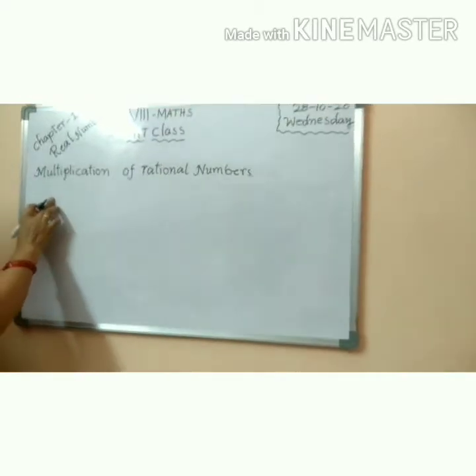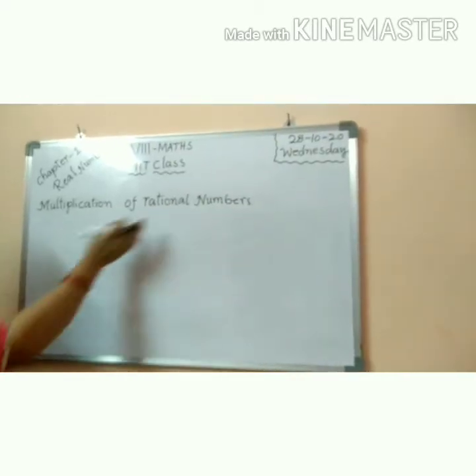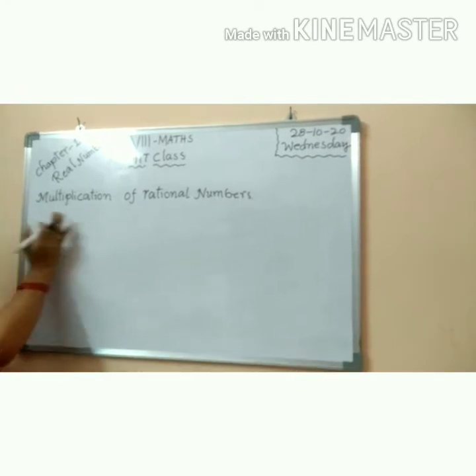Next topic is multiplication of rational numbers, after subtraction of rational numbers.